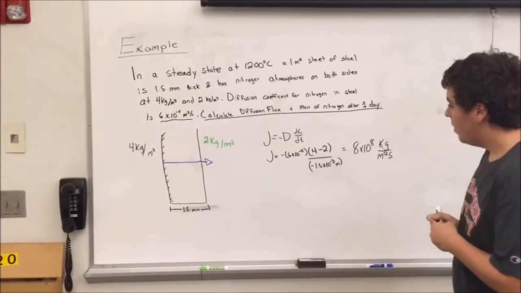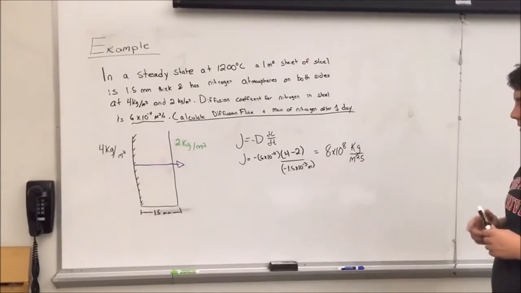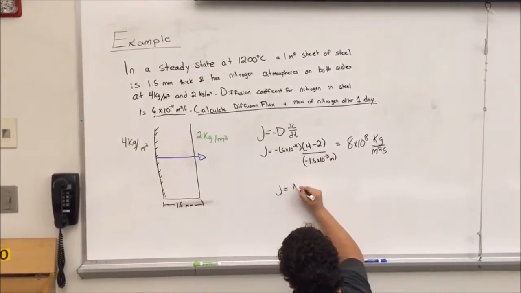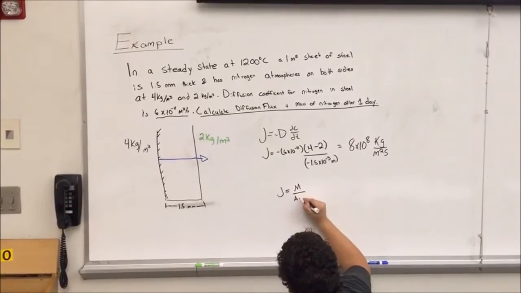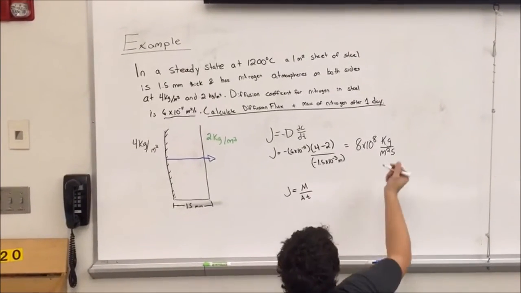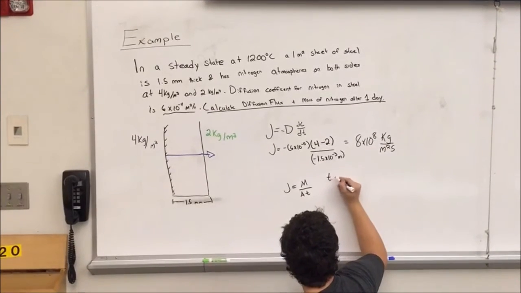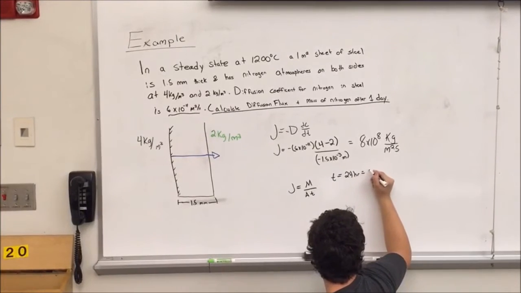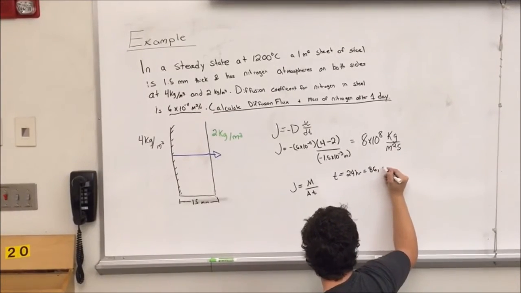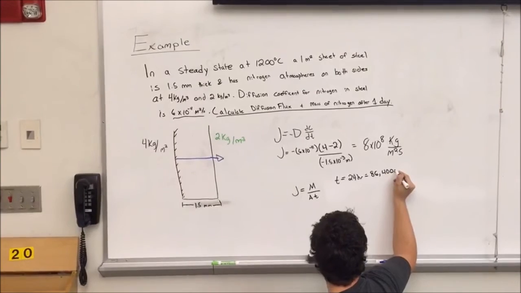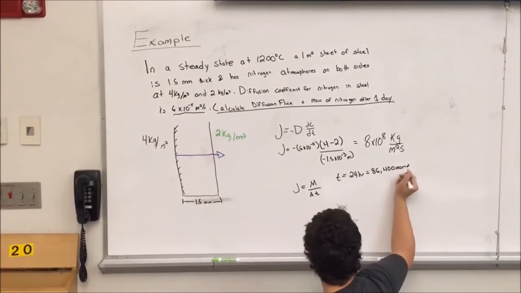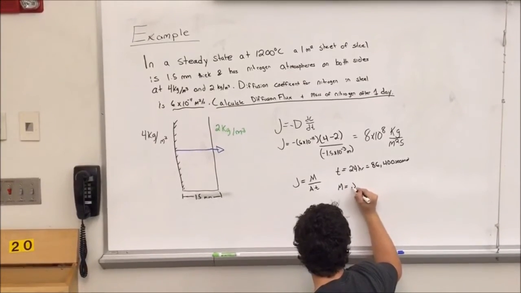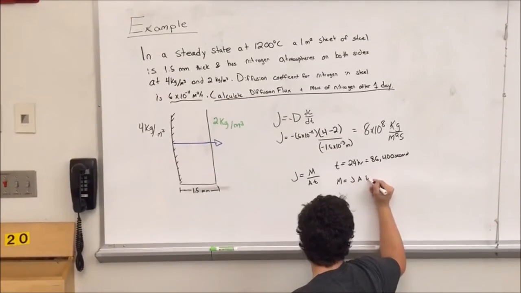Now using this, we're going to again use Fick's first law and say J is equal to mass over area times time. In this, we're given 1 day, so t is going to be 24 hours, which in seconds is 86,400 seconds. We're given our flux and we want to find our mass. So mass is going to be equal to the flux times the area times the time.